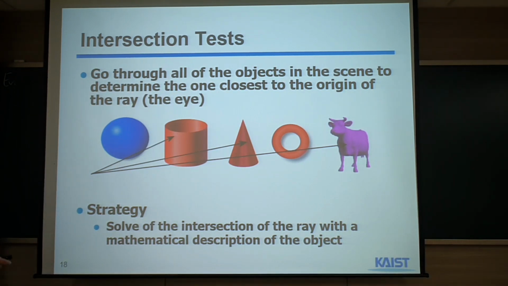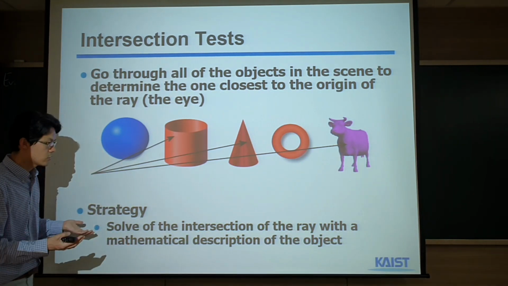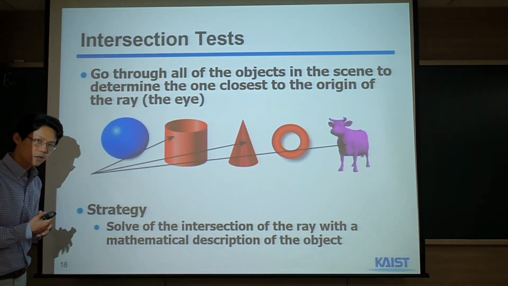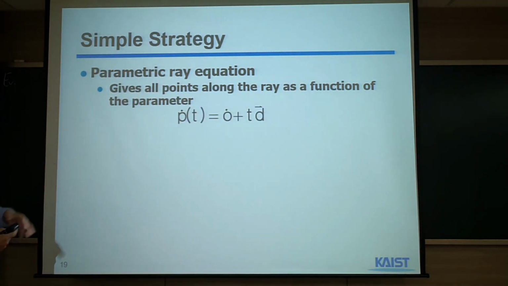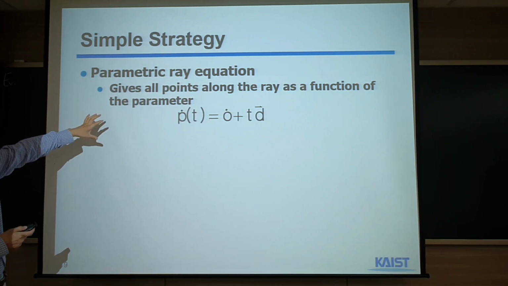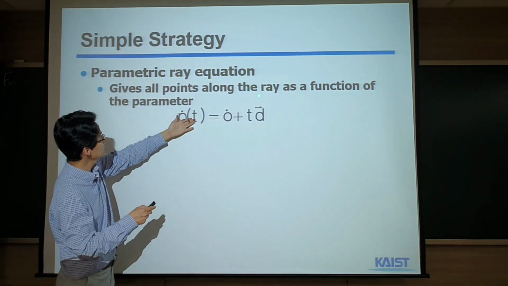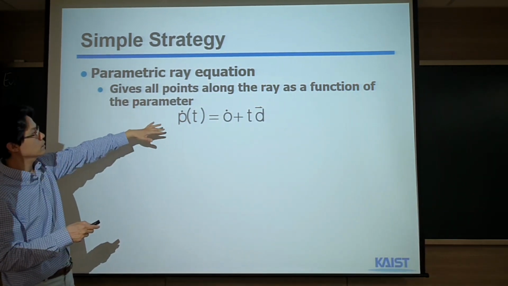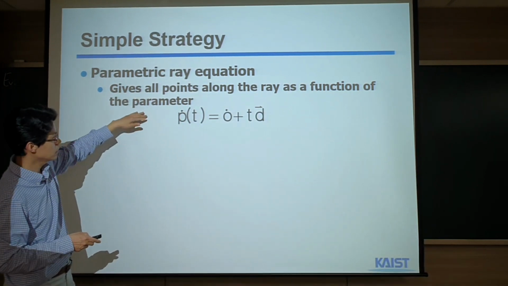So the general strategy is that we need to perform the intersection test between a ray and the mathematical description of the object. Then the question is what the mathematical description of the object is. Here I will just talk about the simple strategy. Typically, we use the parametric ray equation as a function of t. This equation describes all the points along the ray as a function of the parameter t.